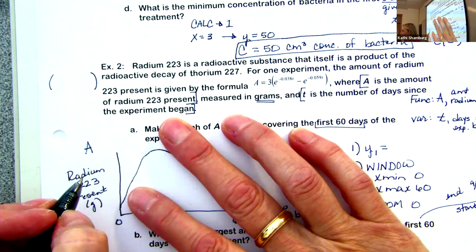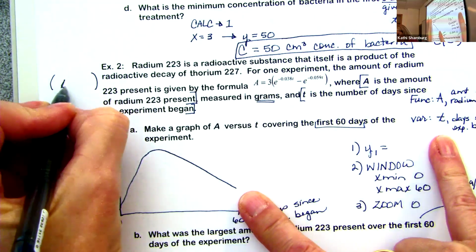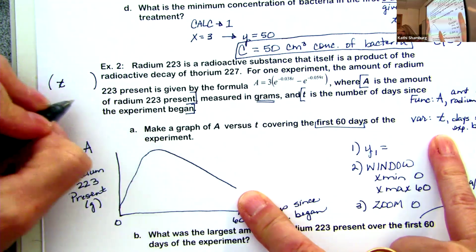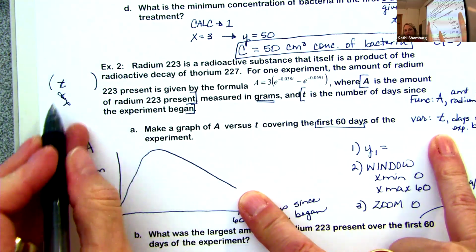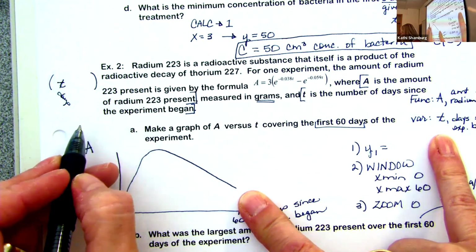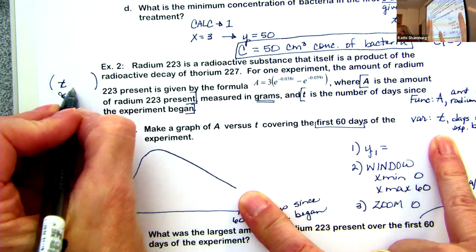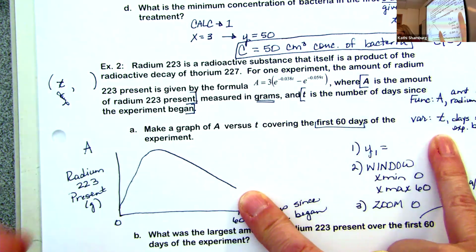when you deal with an ordered pair, the first number is always your variable, which in this case is t, and it represents days. This is just for my information, so I'm not going to be as specific, and I can always go back to this definition when I'm answering the question.